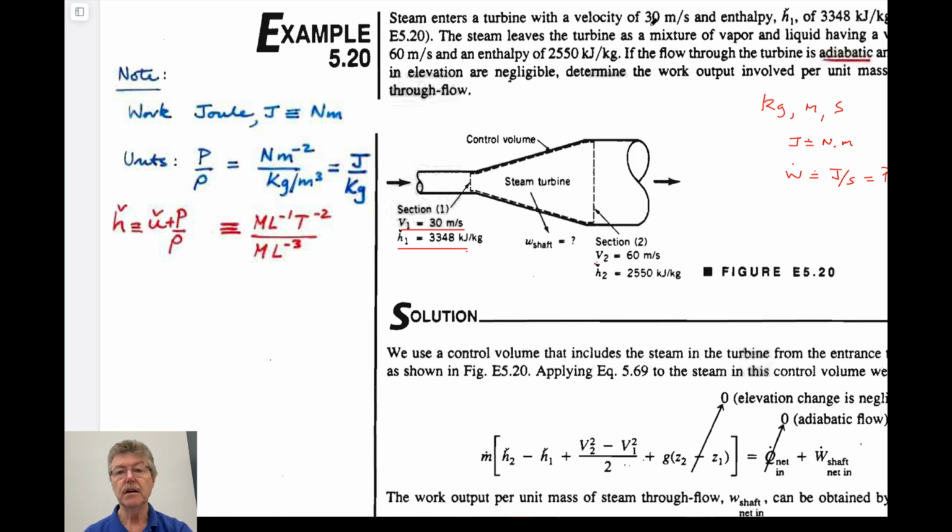Steam enters the turbine at a velocity of 30 meters a second and has a certain enthalpy in kilojoules per kilogram. It's probably better to write it out as joules per kilogram times 10 to the 3. It comes out as a mixture of vapor and liquid, at a velocity that's higher. That's why it's a turbine, and at a different enthalpy.